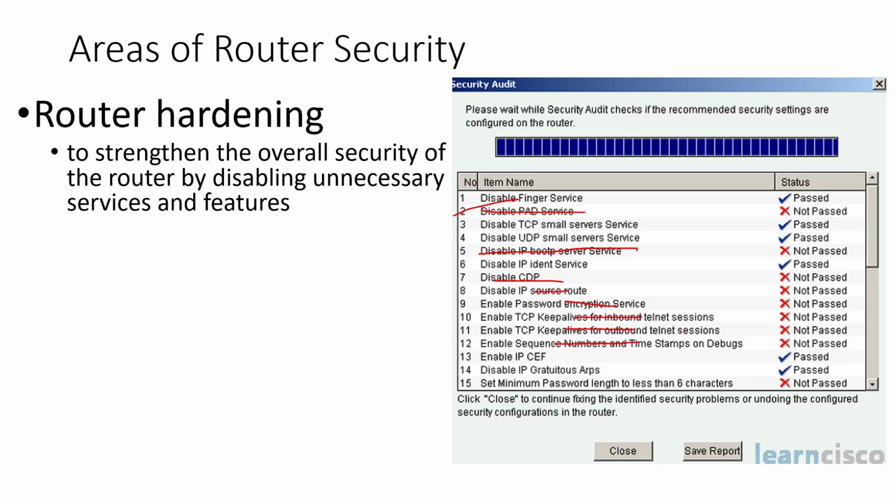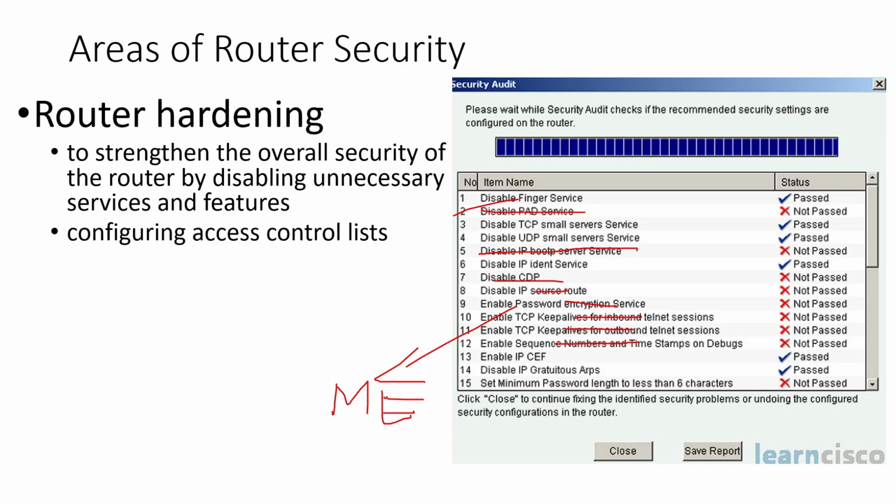Why? This could be a gateway for malicious entities to get inside your router, to get inside your network. And first and foremost, you don't need these services. So why do you need this enabled?